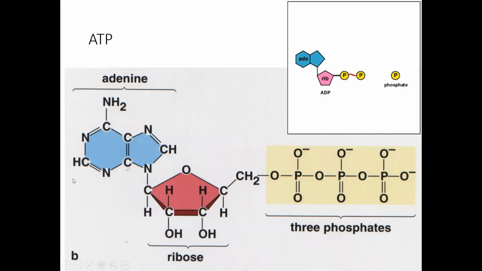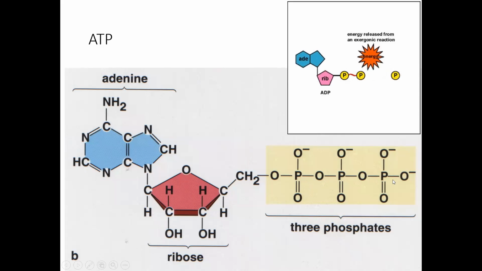This is what the ATP molecule looks like. It looks a lot like a nucleotide for RNA. It's got a nitrogenous base here on the left-hand side, the ribose sugar in the middle. It has nothing to do with RNA. I'll just tell you that it has nothing to do with RNA. It just looks like an RNA nucleotide.